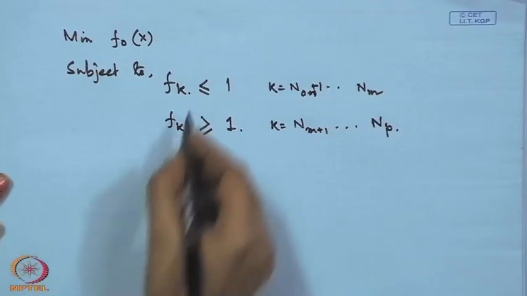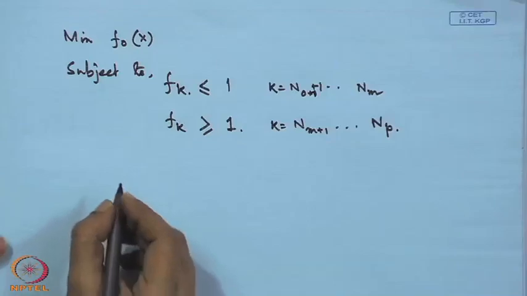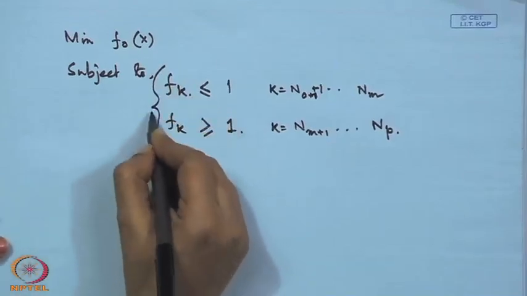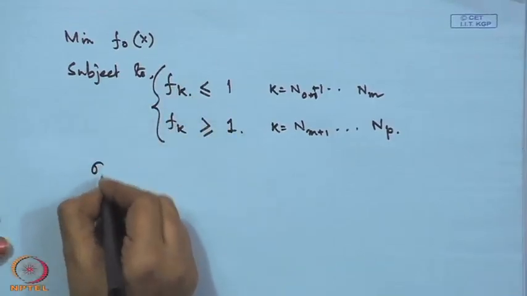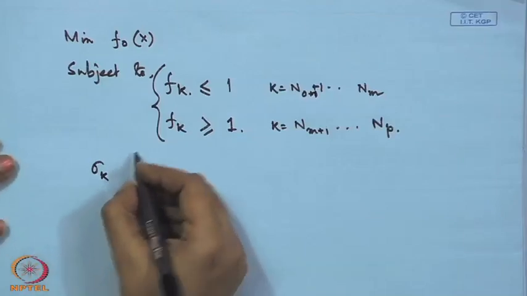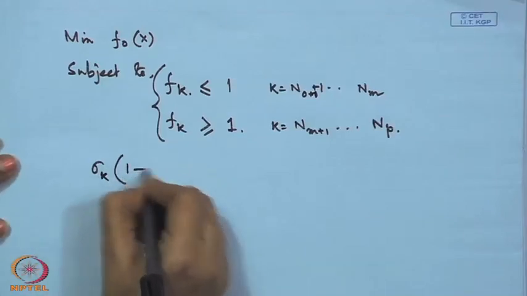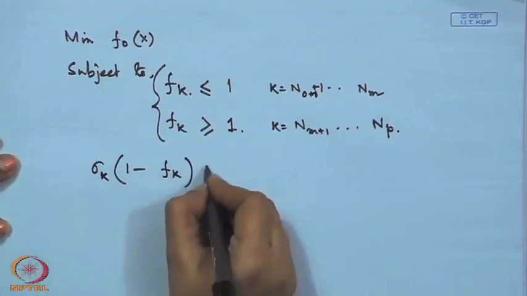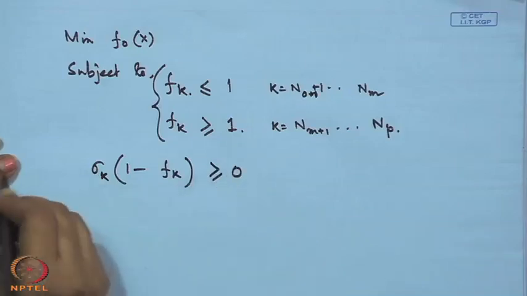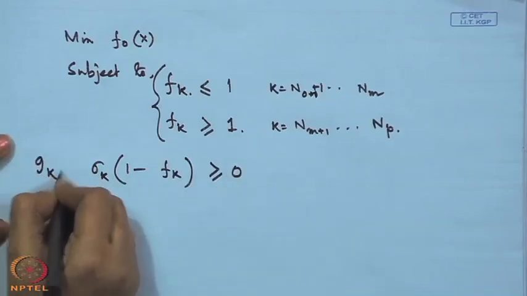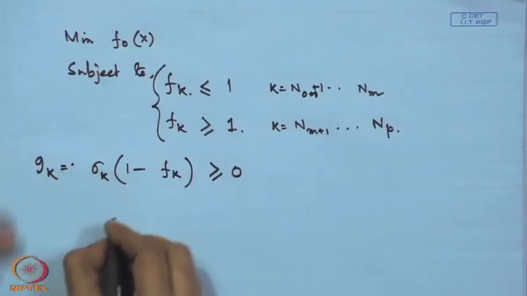Let me discuss. We can use the signum function here. We can join both the types together by using the signum function sigma k, where we consider zk equal to 1 minus fk.